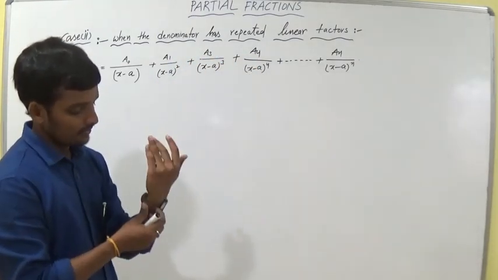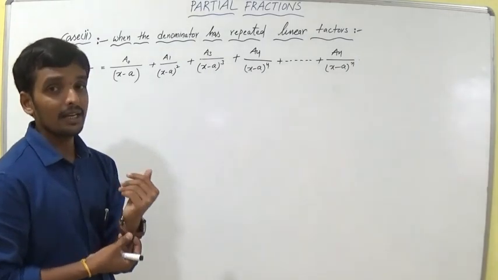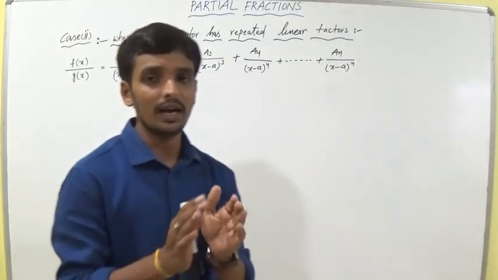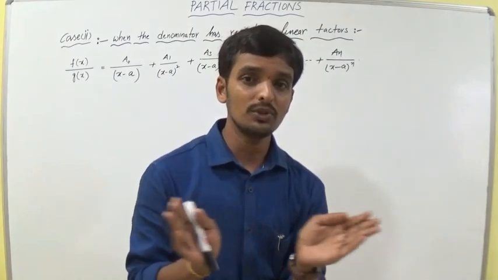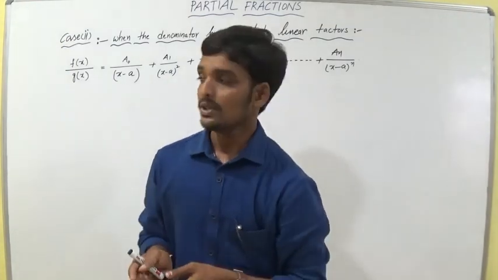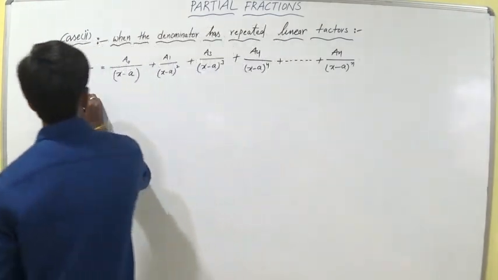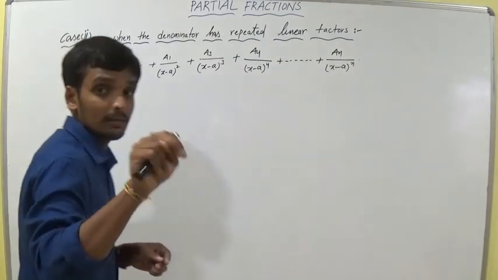For example, we are writing partial fractions, which means decomposition of the fractions. The first one, x minus a whole square, is divided into 2 types.